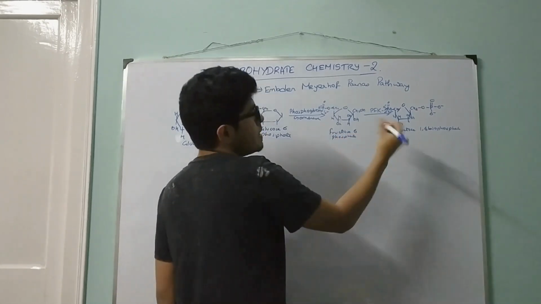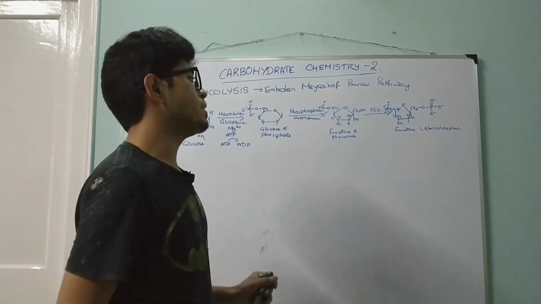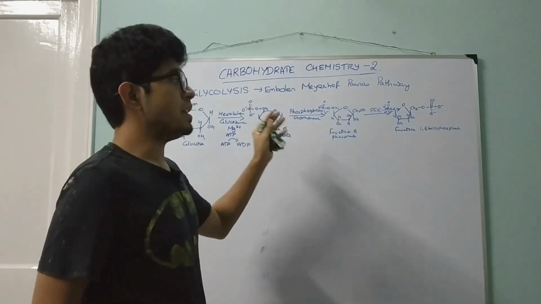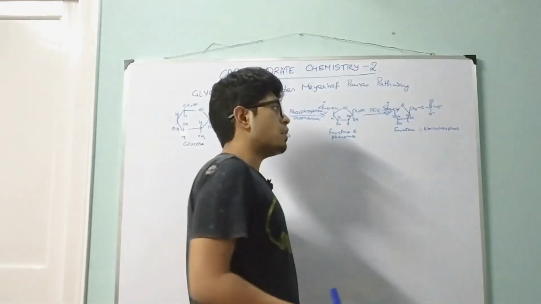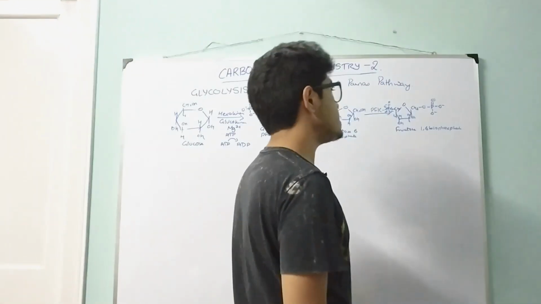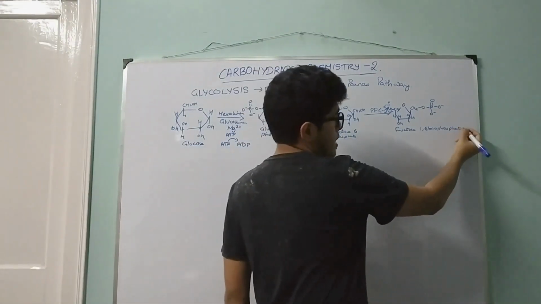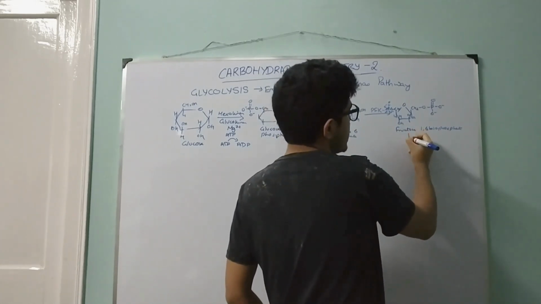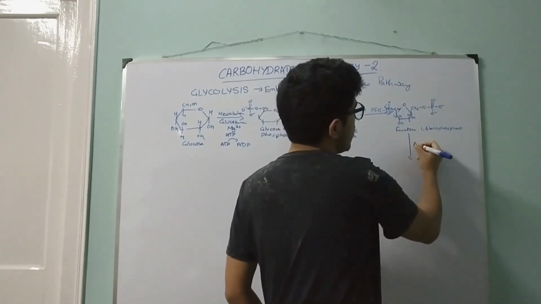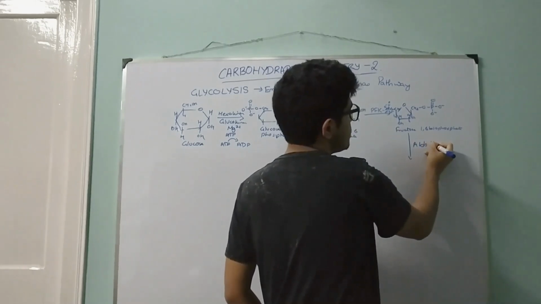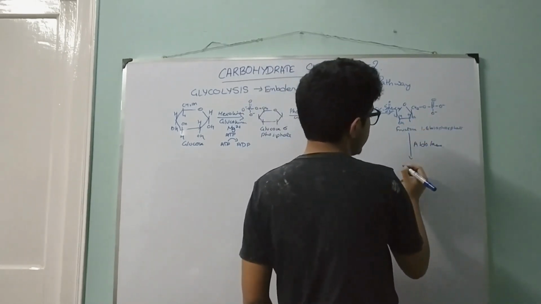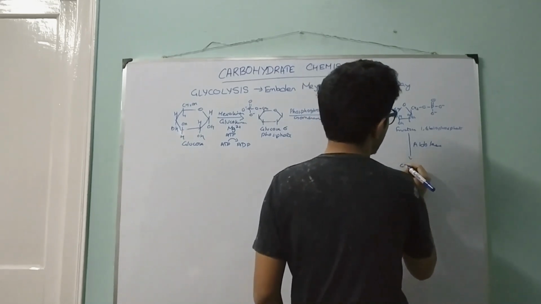This fructose 1,6-bisphosphate, once formed, is directed only to the glycolytic pathway and cannot be transformed to any other pathway. So fructose 1,6-bisphosphate is now acted upon by an enzyme called aldolase, which converts fructose 1,6-bisphosphate into 2 compounds.